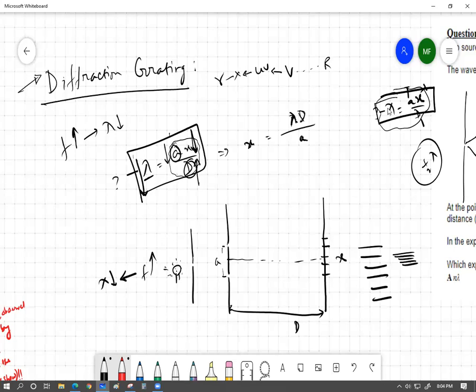We will definitely see a change in color, but I'm still talking in terms of bright and dark. What is the physical variable that we measure from the screen? We measure x, right? Yes, sir. What is x?